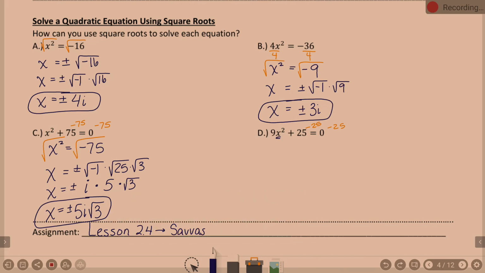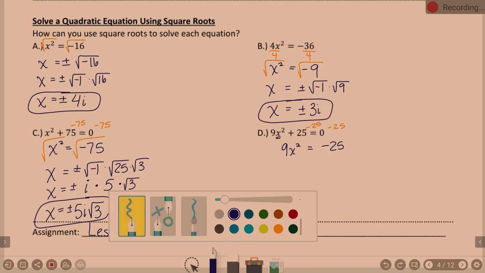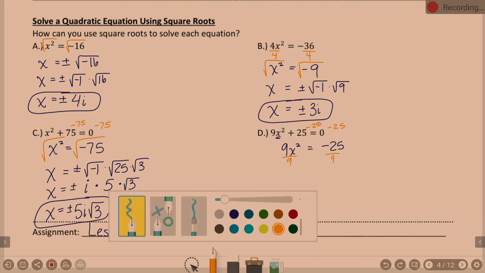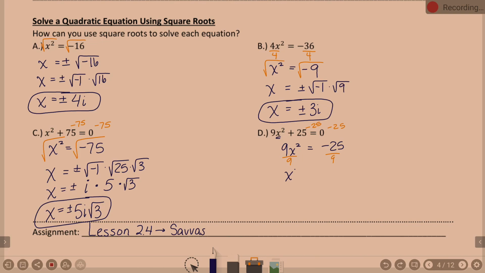So, 9x squared equals negative 25. Is x squared by itself? No, so now what? Divide by 9. So now I have x squared equals, does that divide? Doesn't, does it? So I'm going to leave it as negative 25/9. It's good. What's my next step?